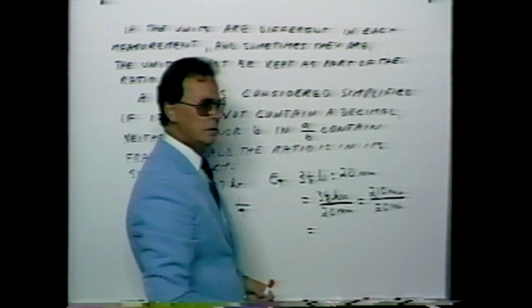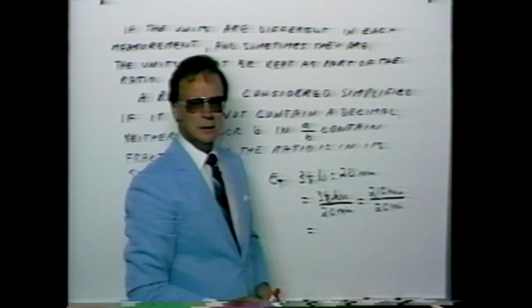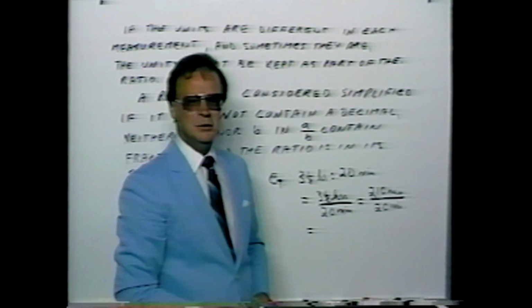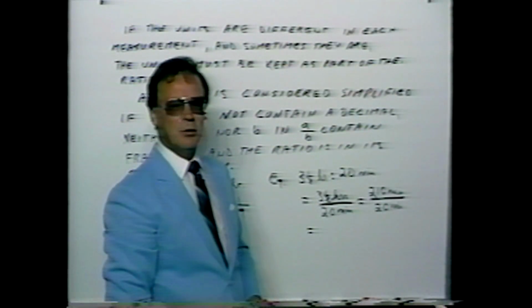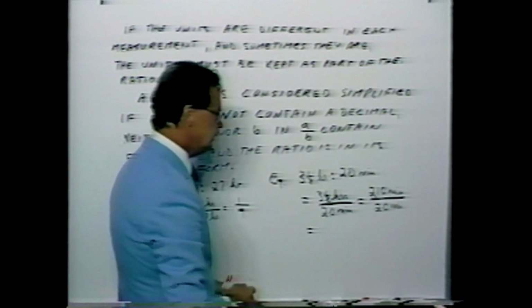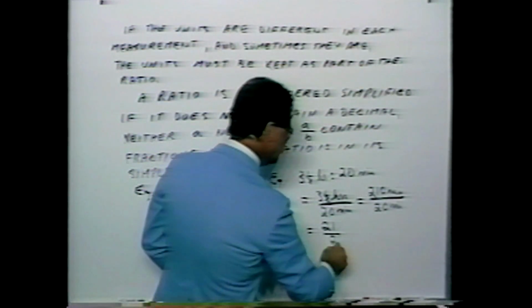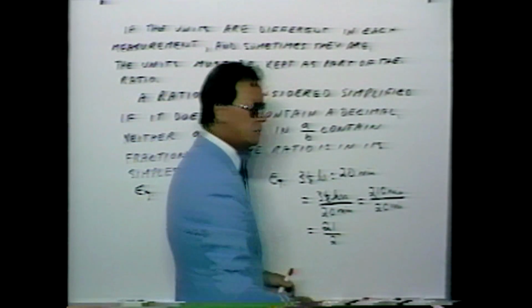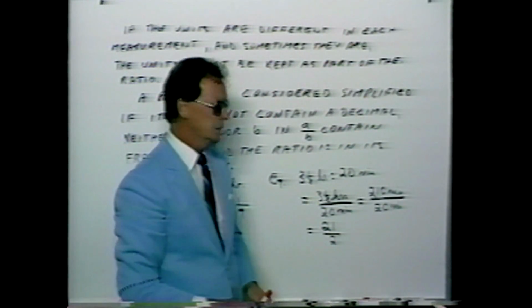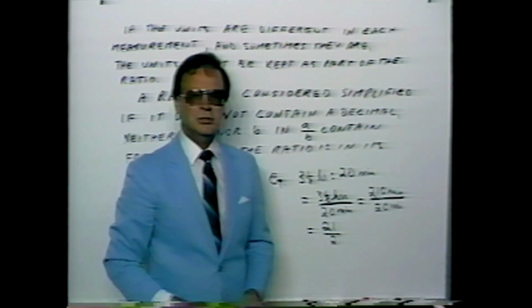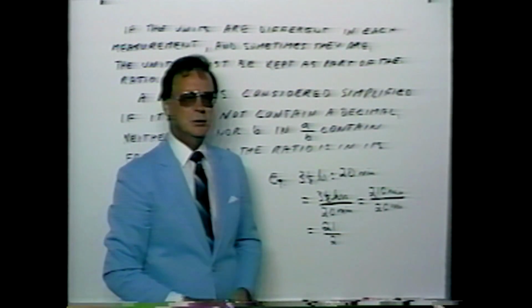We can divide out the 10 in the numerator and denominator to express it in its simplest form, and the result is 21 over 2 without the units, and consequently the ratio is shown in absolute units.